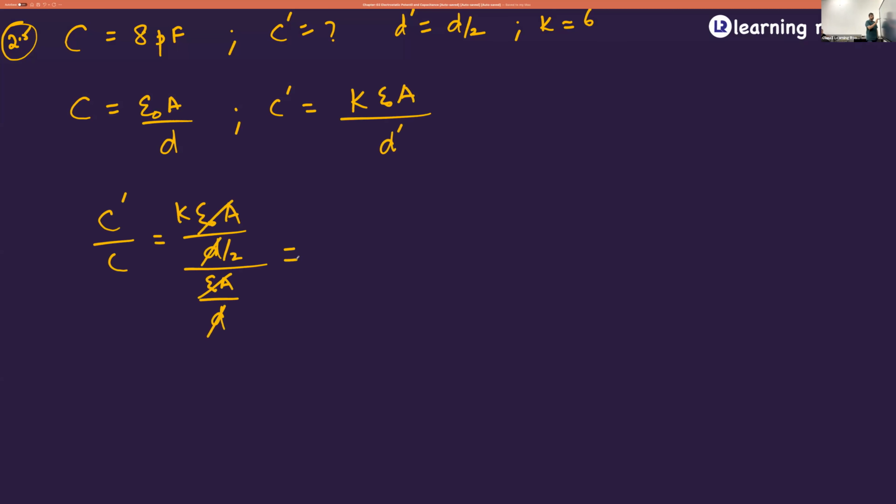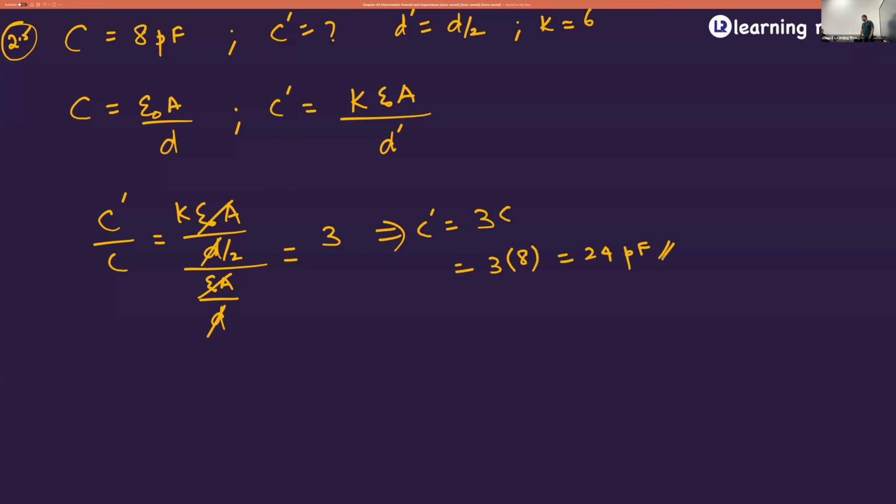So what is the answer? K divided by 2 is 3. So C dash will be 3 times C. So 3 into the initial value of C, which is 8, will become 24 picofarad.